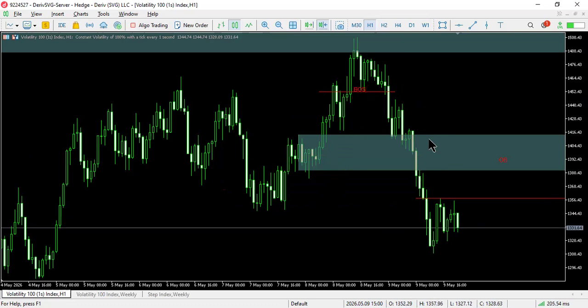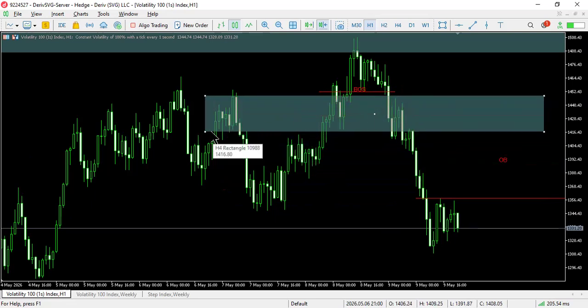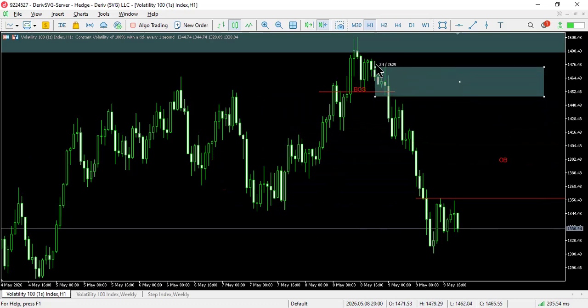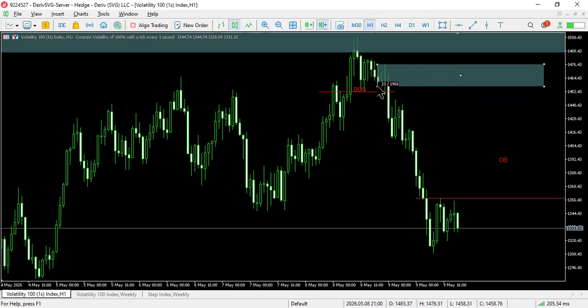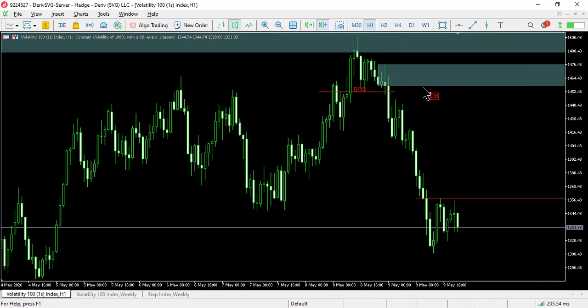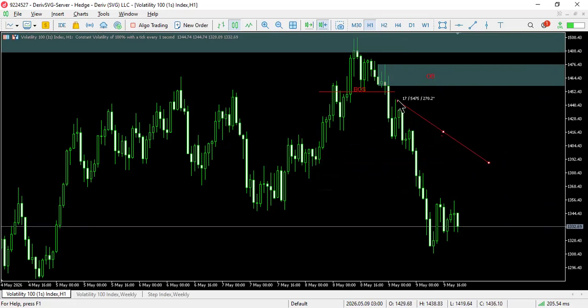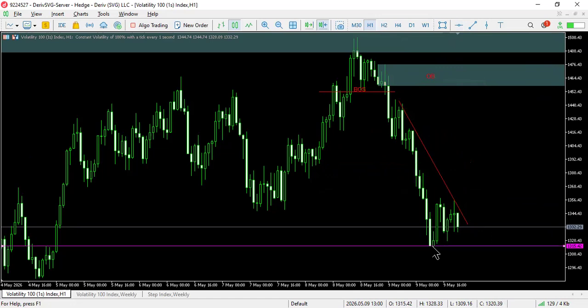And then the other block, which caused the break of structure, this other block from the 1 hour time frame, which is our entry time frame, it's going to be at that other block right there. And I am seeing all these levels as liquidity that price has to clear to go and tap into our order block. And then we also have a swing low here.